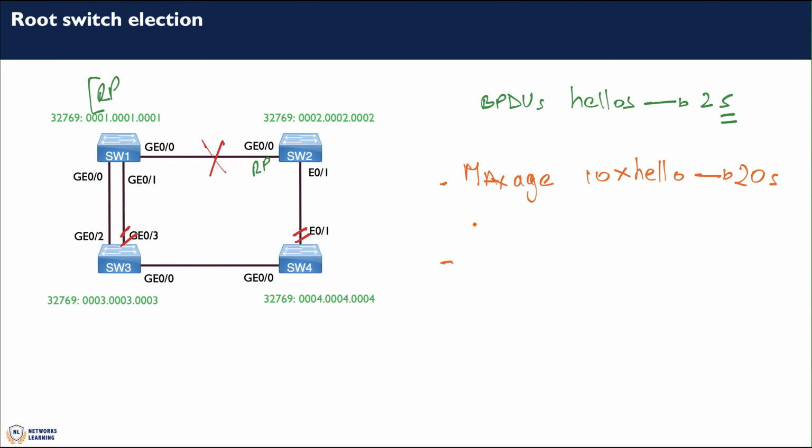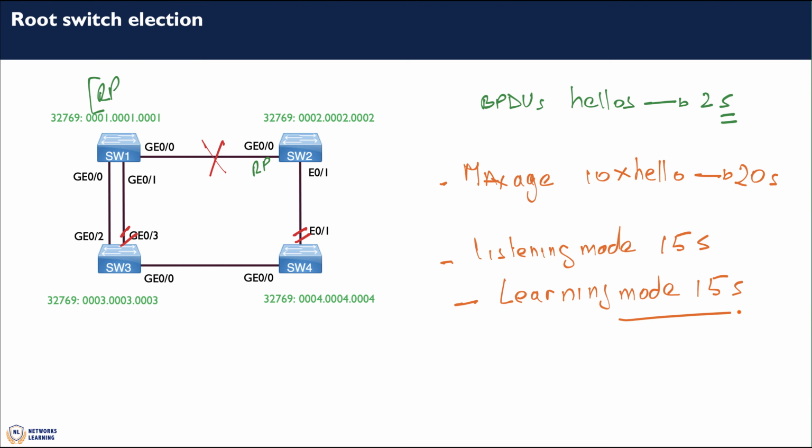Then the ports will go into listening mode for 15 seconds, and then they will go into learning mode for another 15 seconds. So we're looking at 50 seconds before a port starts forwarding, which is definitely way too long.